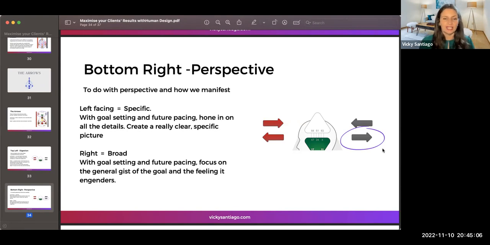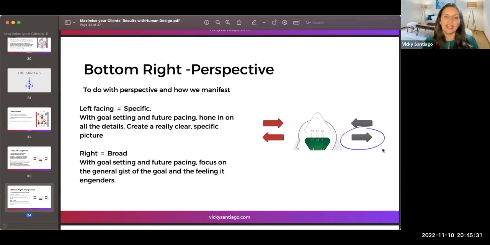If you're manifesting, you want to create a Pinterest board and map out exactly what you want your ideal home to look like, right? You want to really get clear on all of the details and create a really specific picture. Same thing if you're doing future pacing with that client, you want to get in and talk about all the details, right? What color is the carpet? All those things, whatever it is.